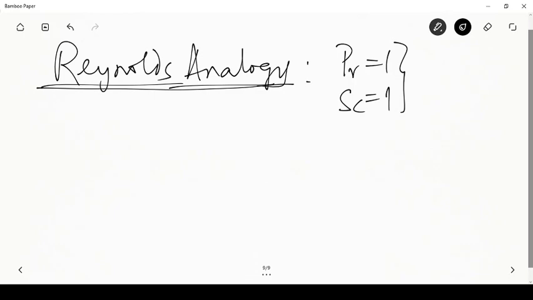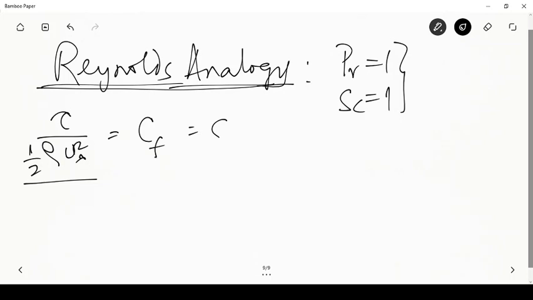The momentum transfer is quantified by tau, and if I normalize it with respect to rho u infinity squared by 2, because the tau has the same units as pressure, which is the force per unit area, and so it's dimensionally consistent with rho u infinity squared. So if I divide it by the kinetic energy of the free stream, then I get a quantity called Cf, which is called the skin friction coefficient.